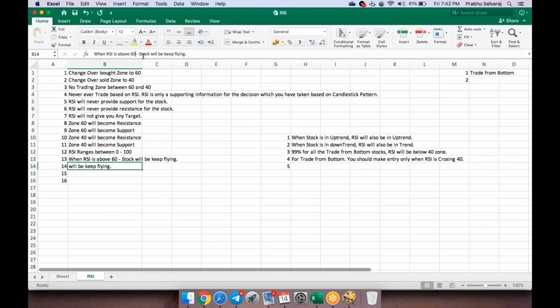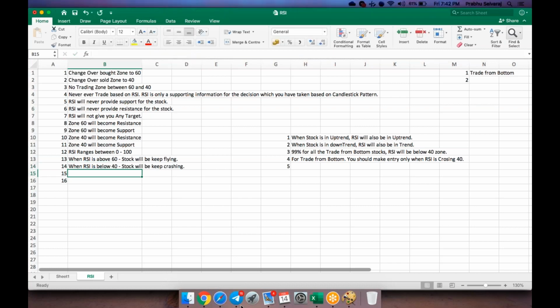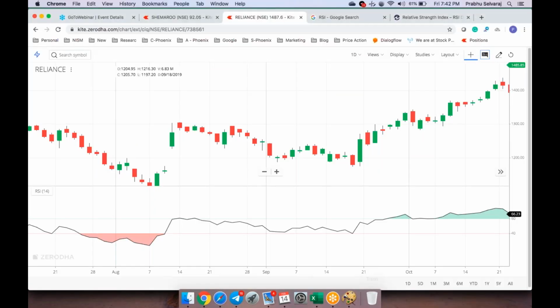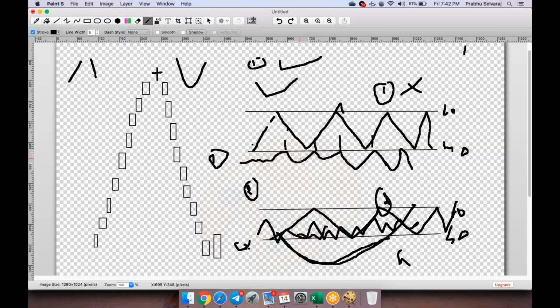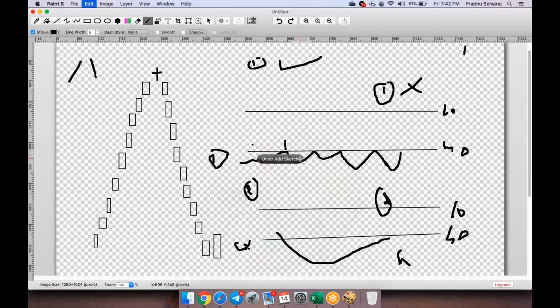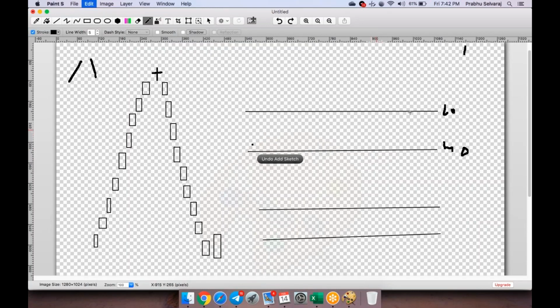When RSI is below 40, the stock will keep crashing. What does it mean? You were told no trade between 40 and 60. When the RSI crosses 60, I can hold my stock. That is an entry. But will the RSI hit 100? No.